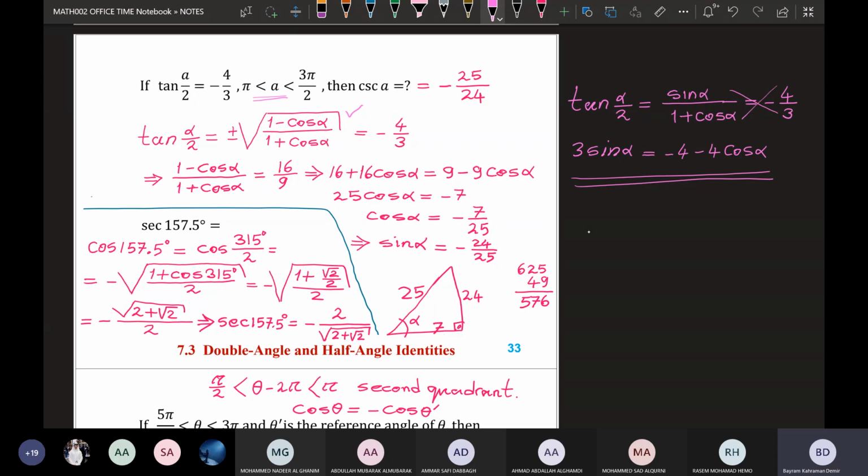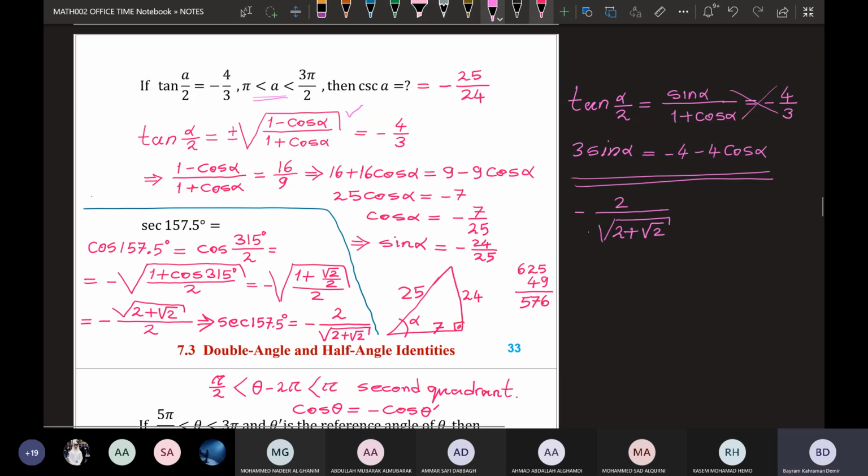Maybe you like to know how to rationalize the denominator. Negative 2 divided by root of 2 plus root 2. So what do we do, Shabab?